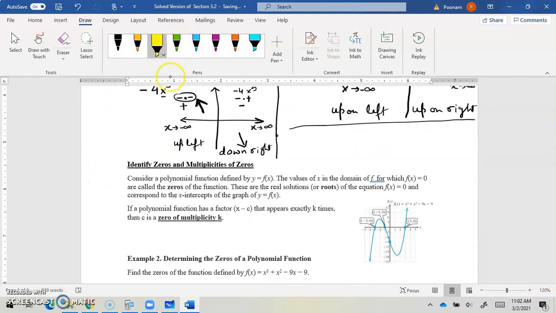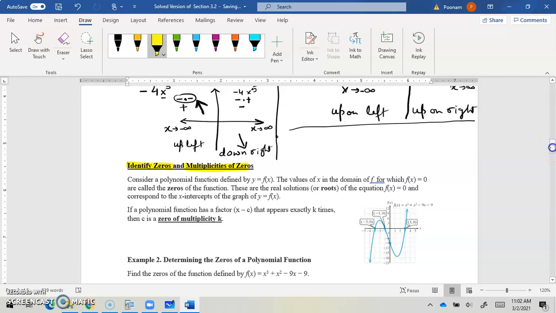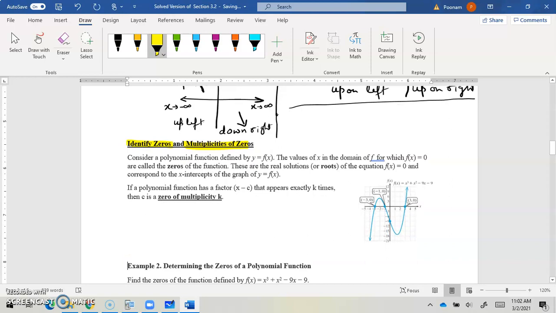Next we have zeros of the polynomial function and multiplicities of the zero. What is a zero? Consider any polynomial function y is equal to f of x. The values of x in the domain of the function for which the function is equal to 0 are called the zeros of the function. These are basically real solutions, or the roots, of the equation f of x equal to 0.